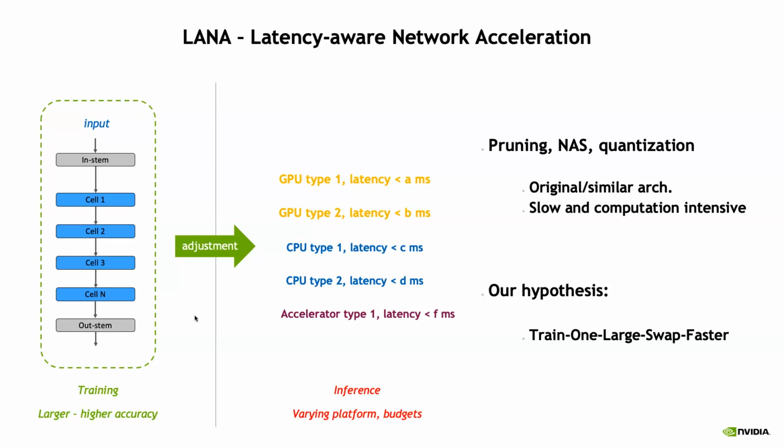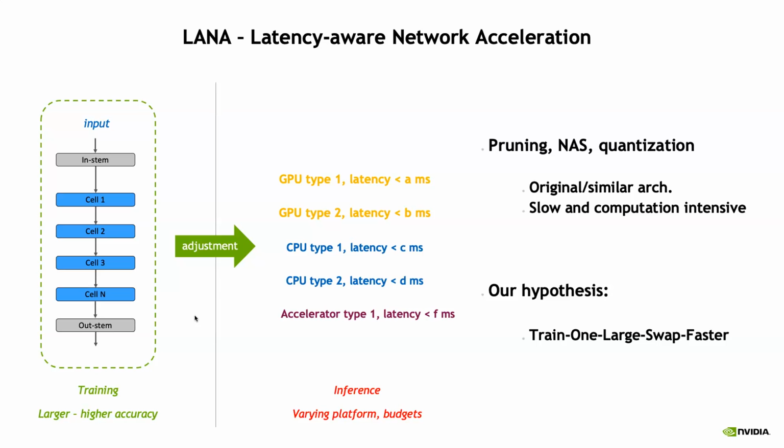It is very large and achieves very high accuracy, but when we do inference, we face lots of different platforms and different inference time constraints. For example, on GPU, CPU, accelerator, all these constraints, we often need to modify this model many times such that it will accommodate all of them.